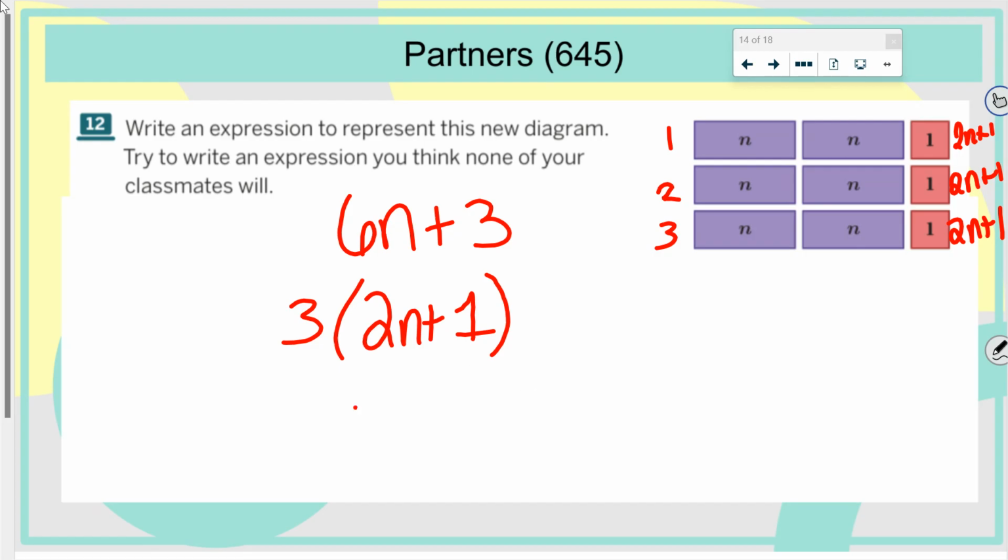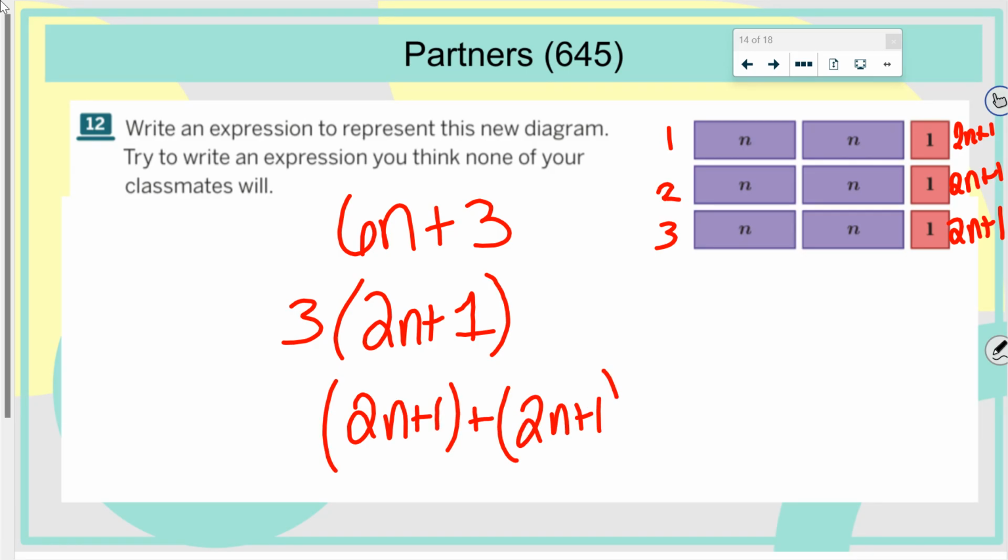We could also write this as 2n plus 1 three different times. Because again, we have 3 groups of 2n plus 1. All 3 of these expressions are equivalent. All right, let's keep moving.